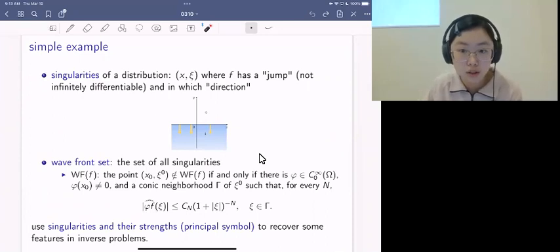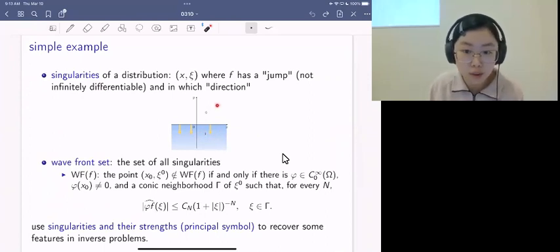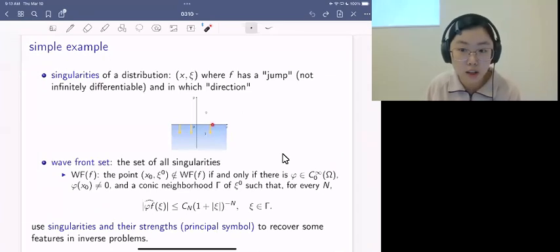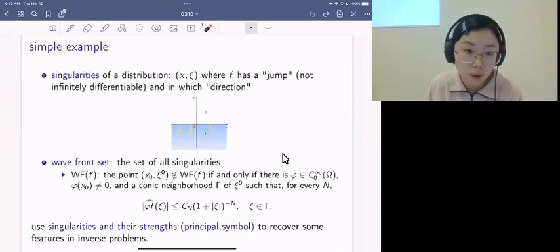For example, consider this Heaviside function: f equals 1 in the lower half plane and equals 0 in the upper half plane. For this Heaviside function, all the jumps happen along the x-axis, in the direction parallel to the y-axis. So the singularities are covectors like this.